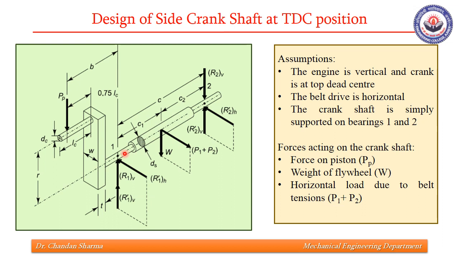Since there are only two bearings, the reactions on the bearings have to be calculated. The reactions due to this PP load are denoted by R1V and R2V, whereas reactions due to this W load are denoted by R1-V and R2-V. Similarly, reactions due to this P1 plus P2 load are denoted by R1-H and R2-H.